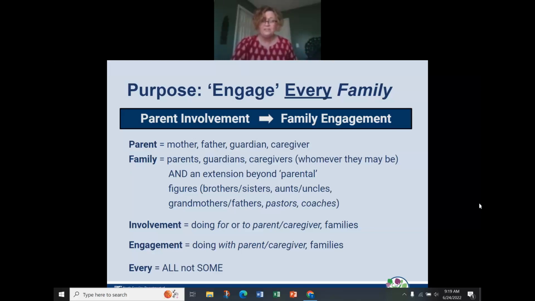Also, the older term involvement implied us doing things for or to our families, like inviting them to a meeting, providing food, flyers, and information. But engagement implies doing with our families, like having parents or family members actually plan events with us. In our county this year, for the first time in a particular school, the families actually planned the event.